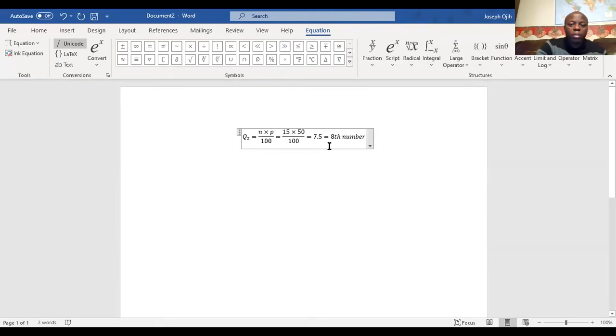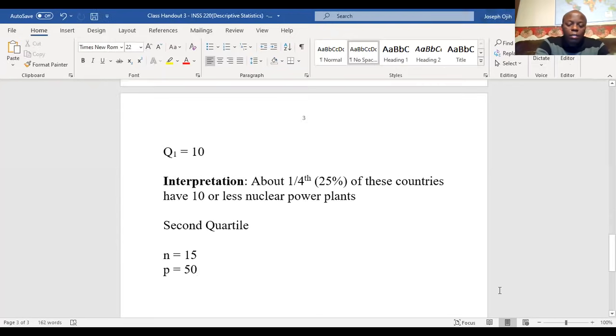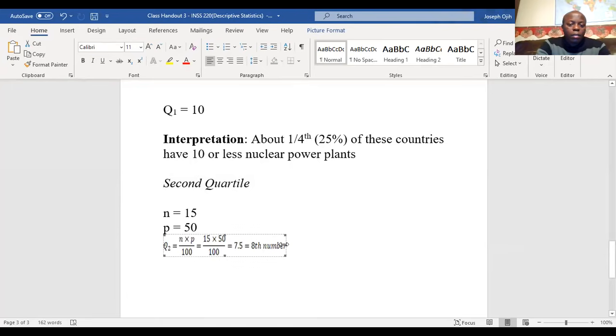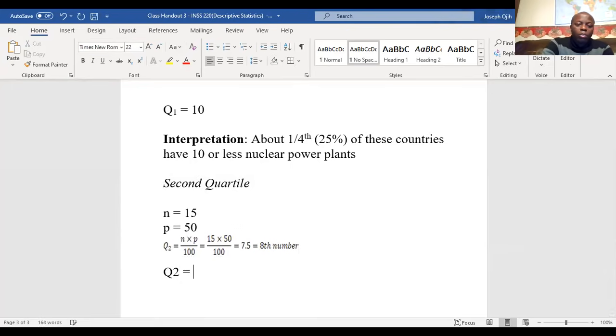Now I can copy this to our main workbook. So Q2 is the 8th number in the list. So Q2 equals the 8th number.